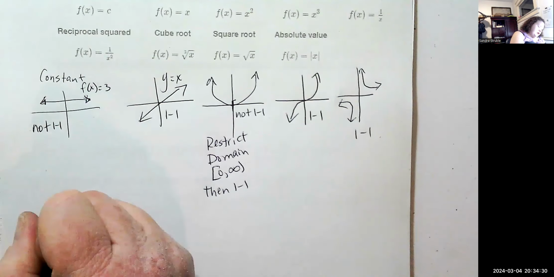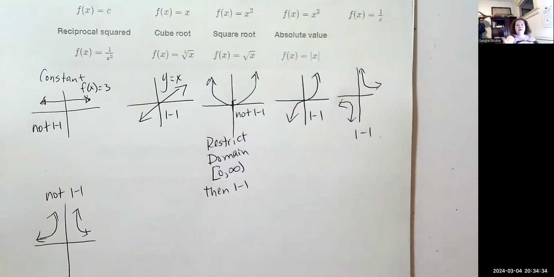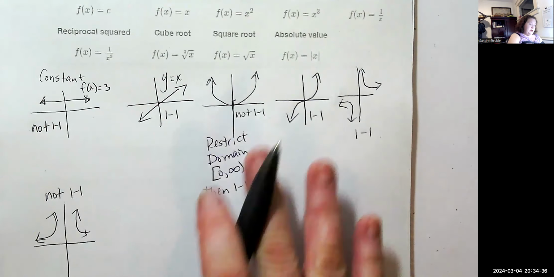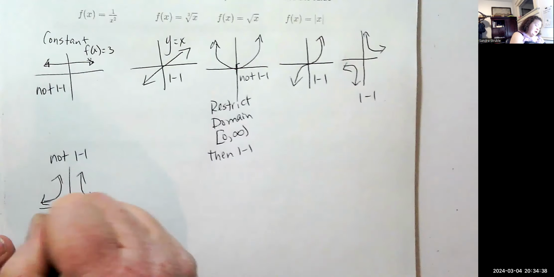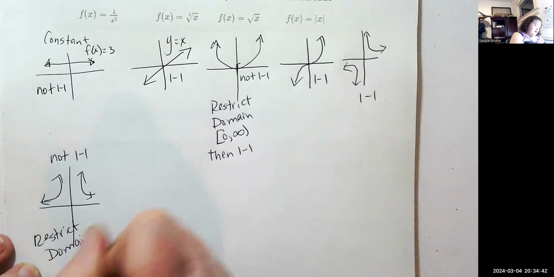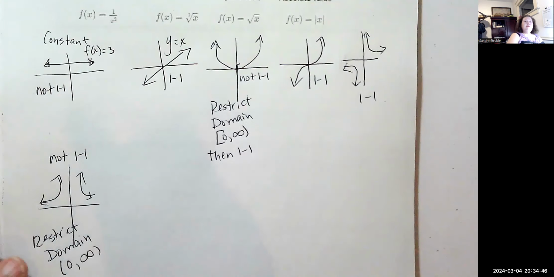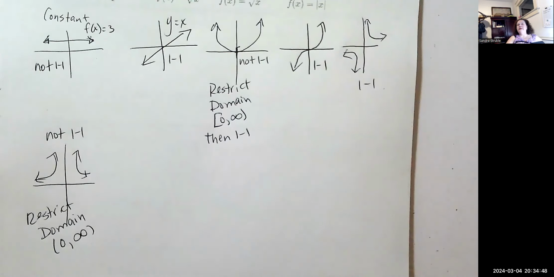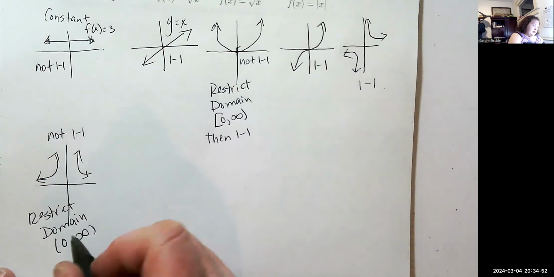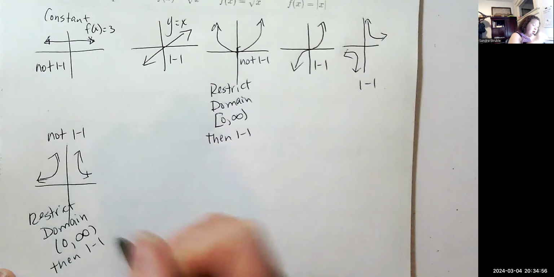It is not 1-to-1. And we can do the same thing and restrict the domain to only be 0 to infinity. I'm not putting 0 in brackets because it never touches 0. Okay. So if you restrict the domain 0 to infinity, then it's 1-to-1.